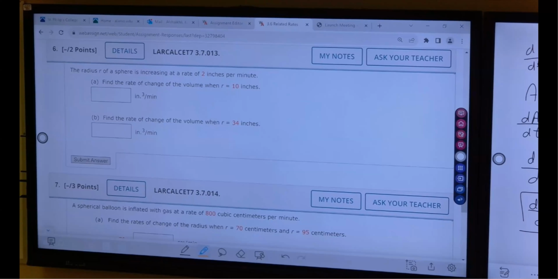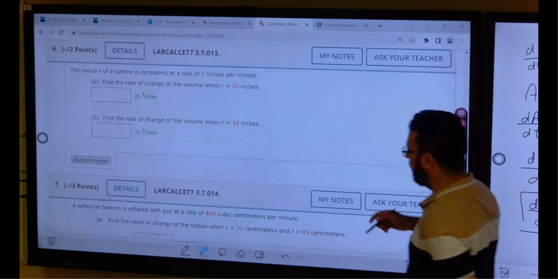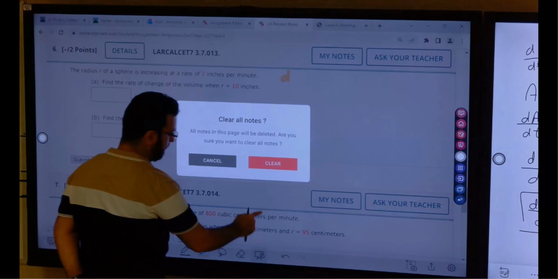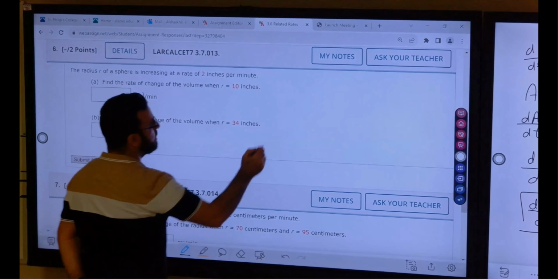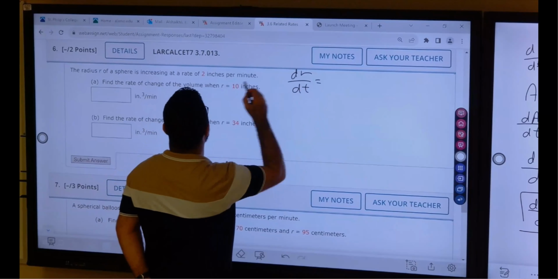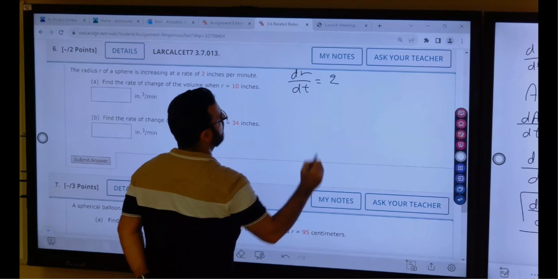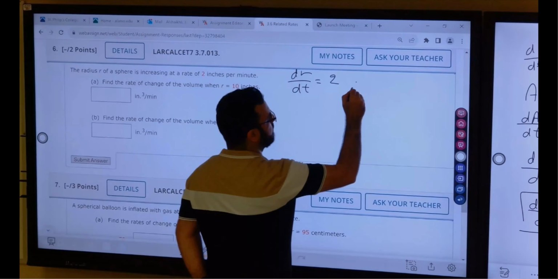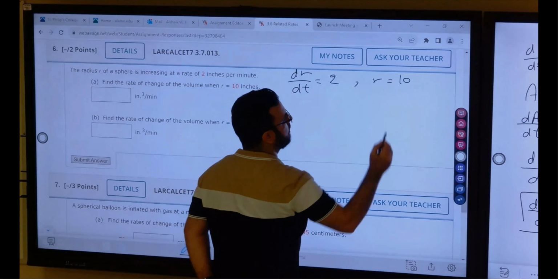That means this is the change of radius with respect to the time, which is dr over dt. Find the rate of change of the volume when the radius is equal to 10.